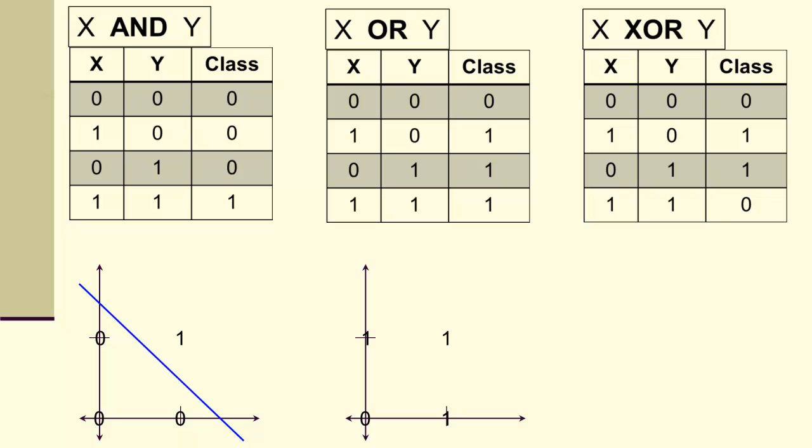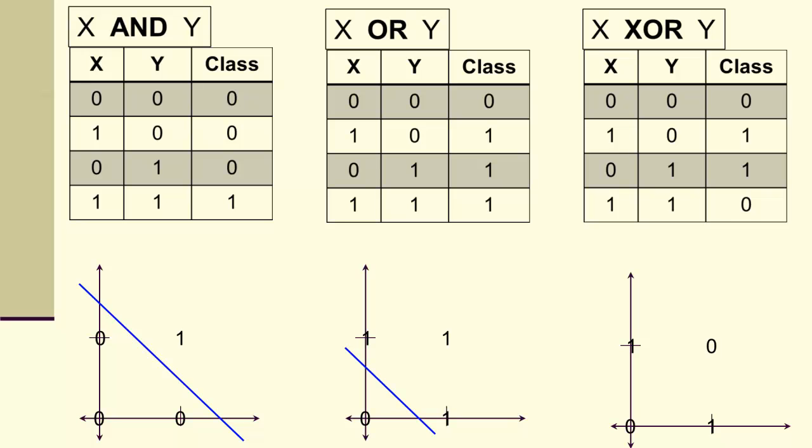Now we look at the OR data. Notice it's the same points, however, the OR data labels the classes differently. We have the 3 points that are in class 1 in the OR data, and we have the single false, which is at the origin. Once again, those are linearly separable. But what about the XOR?